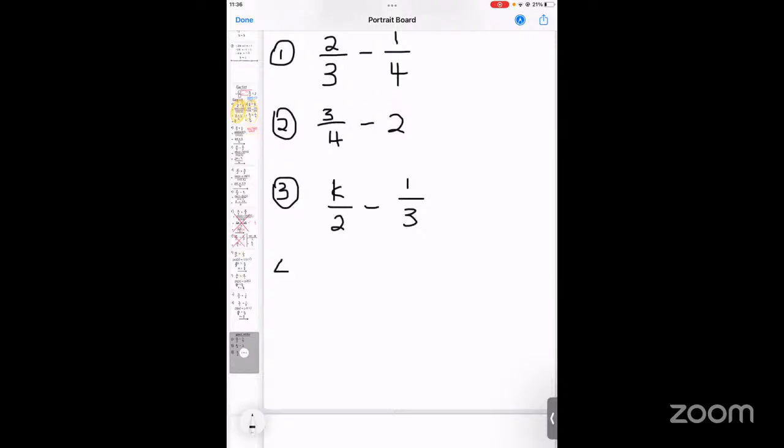And then number 4, let's say x over 2 plus x over, no, I want this one to be 3.